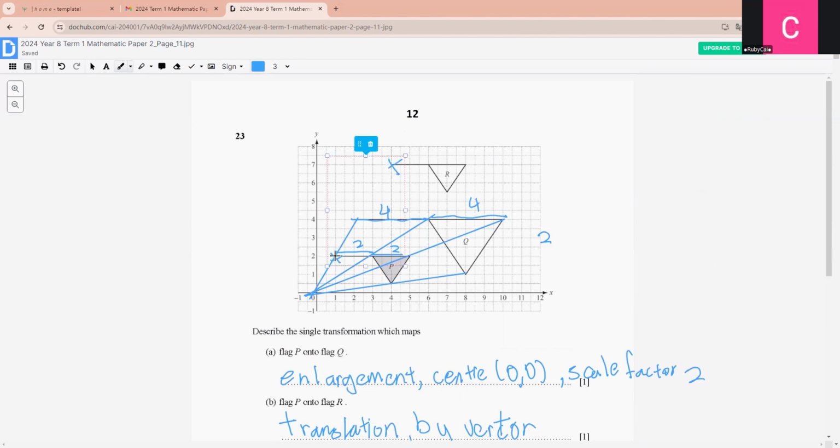And using that, we can see that it goes up by 1 unit, 2 units, 3 units, 4 units, 5 units. And then it moves right by 3 units.